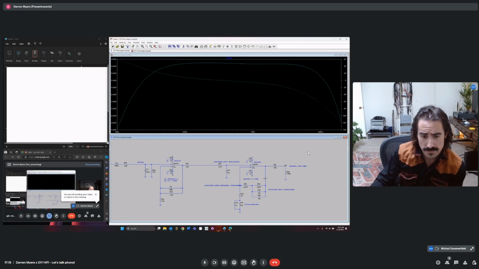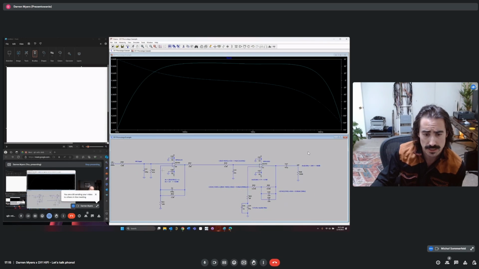And so what we want to do is pick a low noise op-amp, but we also need to factor in a few other specifications. The next specification that I'd like to talk about is the input offset voltage. And we've already discussed that that's really important for not having too much DC.